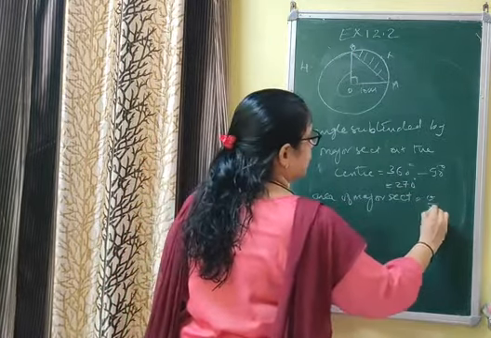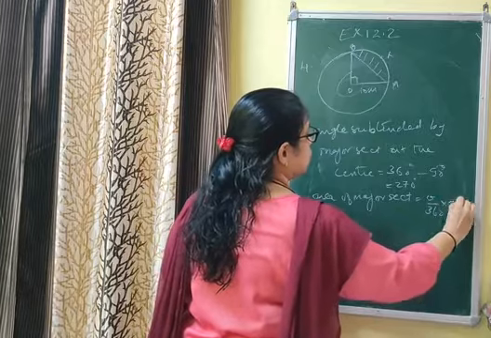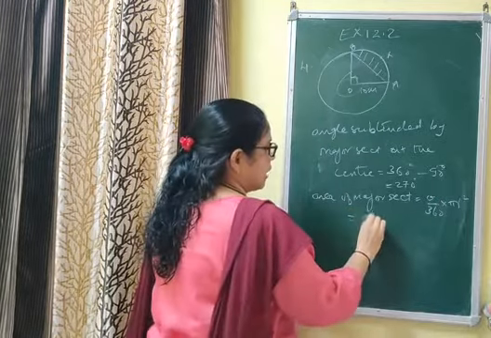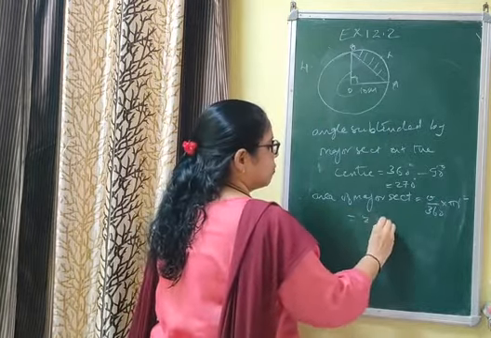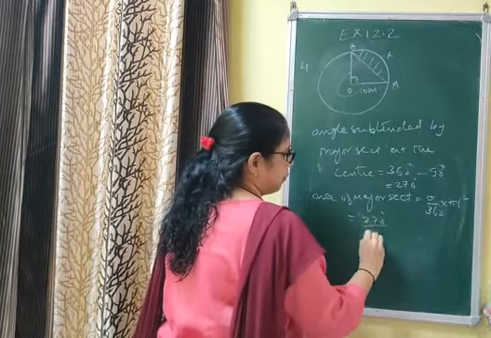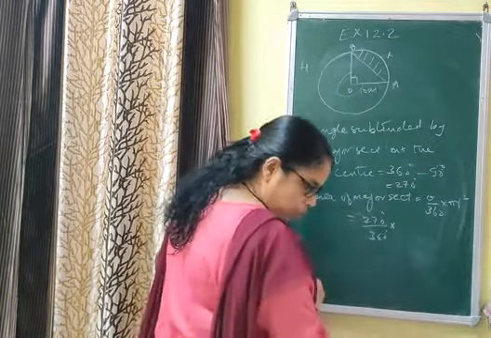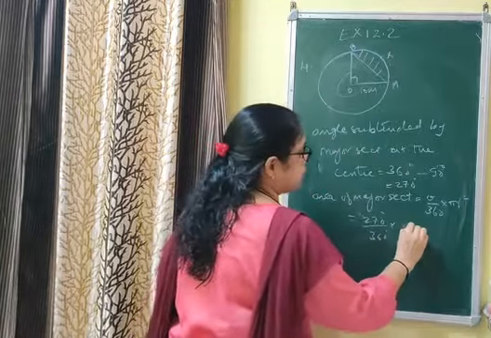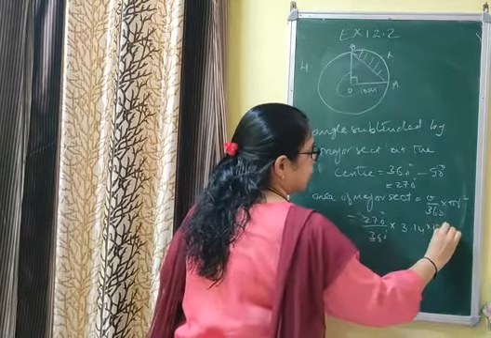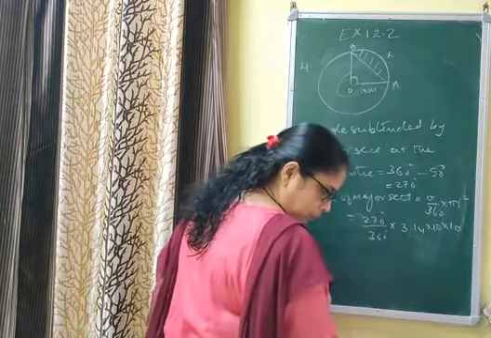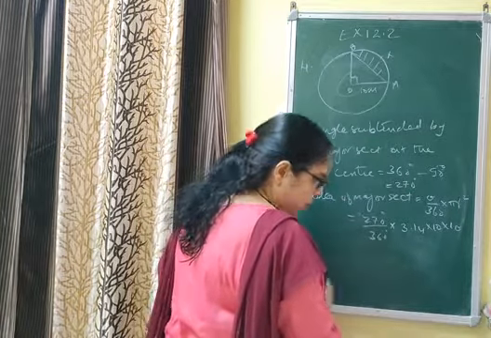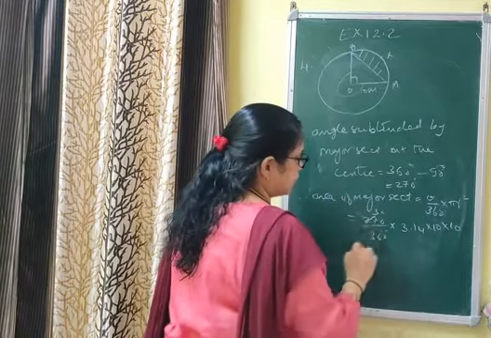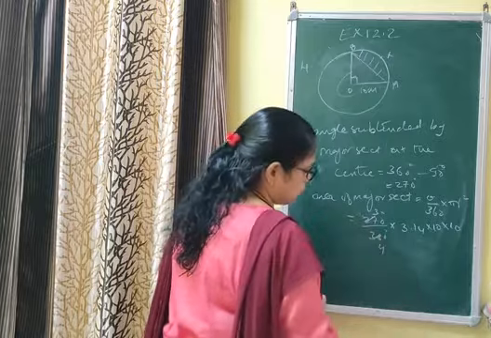equal to theta by 360 into pi r square, that is 270 by 360, angle is 270 into pi r square. We are asked to take the value of pi as 3.14 into 10 into 10. If you do the calculation, the zeros are getting cancelled, 3 9s are 27, 4 this is this one.